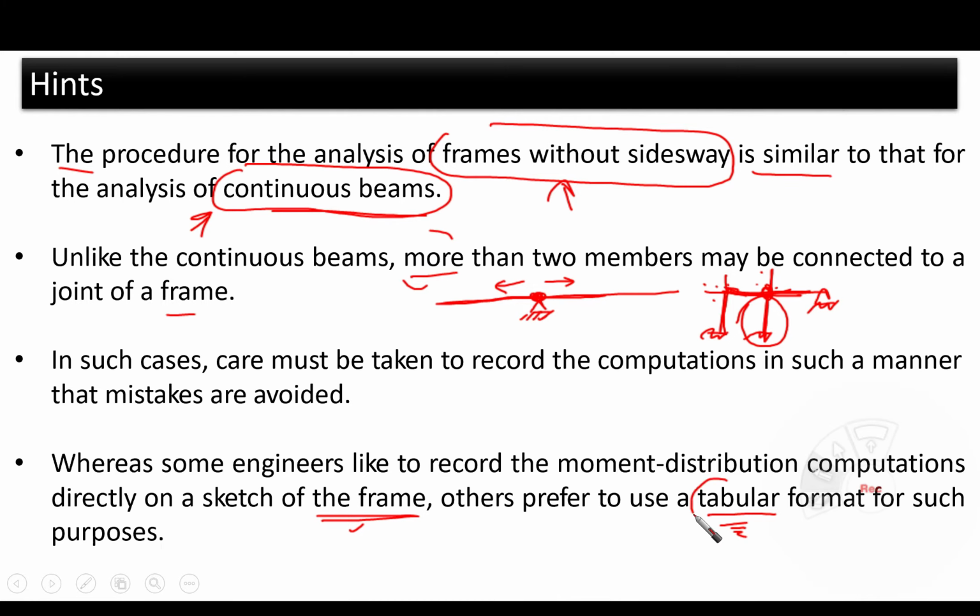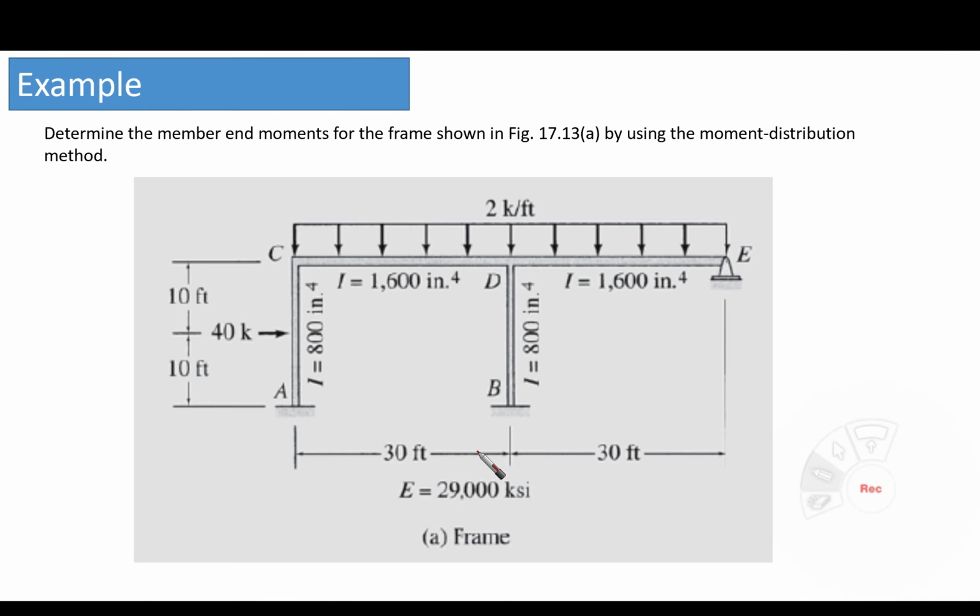Tabular form is going to make it easy and very straightforward for us. Okay, anyway, this is an introduction to what we are going to do for the frames without sidesway. And I think the best way is to have an example to show how we can implement the moment distribution method on frames without sidesway.